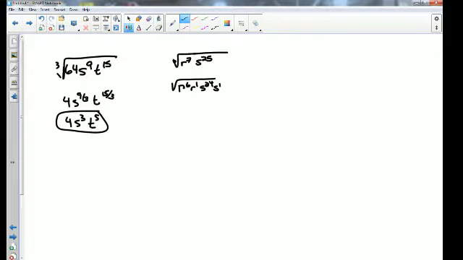Those are even, so now we can take them out. That becomes r to the third. This becomes s to the 12, and then the root of r s stays. So it can be simplified, it's just whatever. All right, almost there. Lots of little stuff.